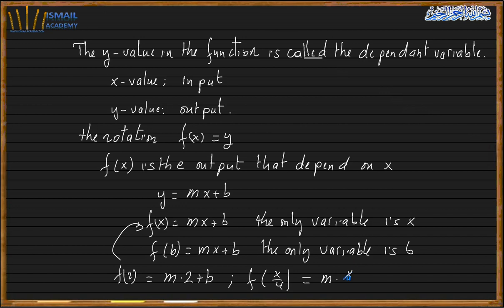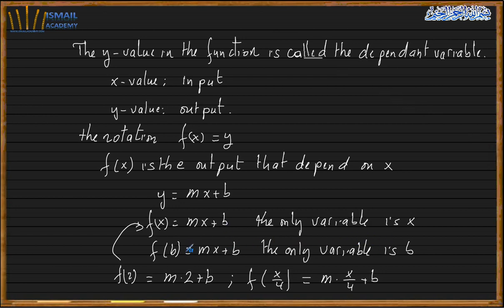M times x over 4 plus b. You see, I change this x by x over 4. Whatever form this x takes, this x will be affected. M and b, no.